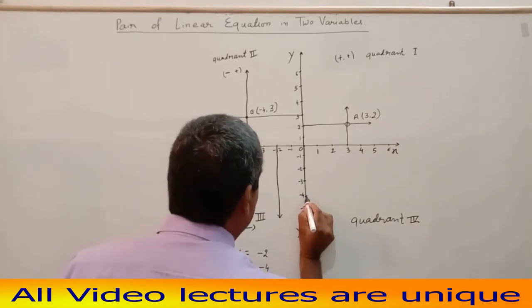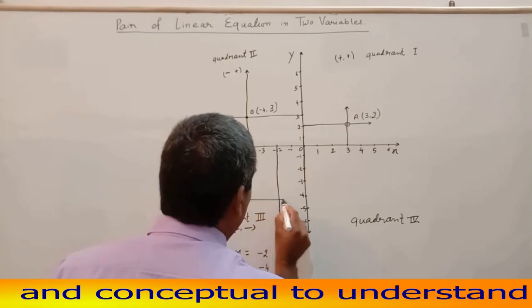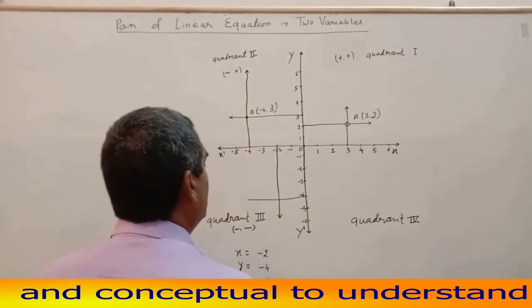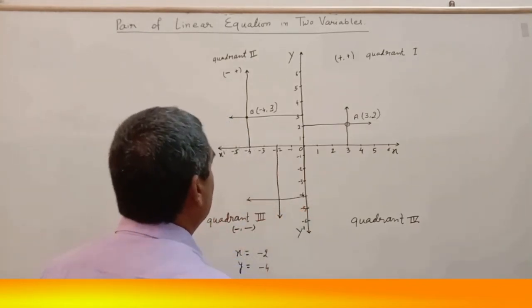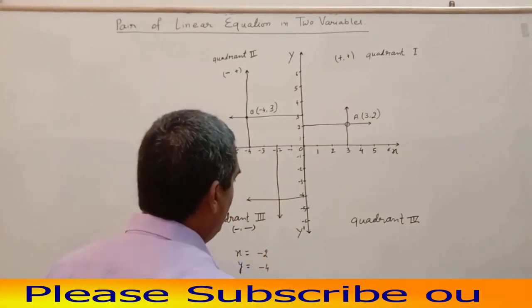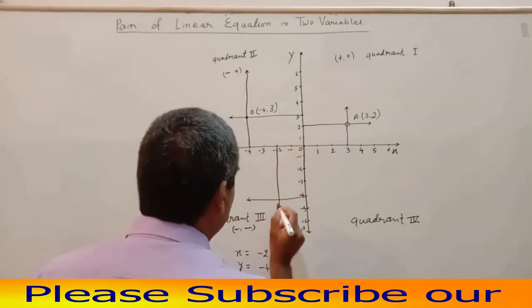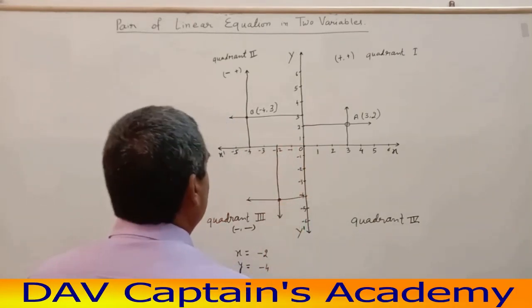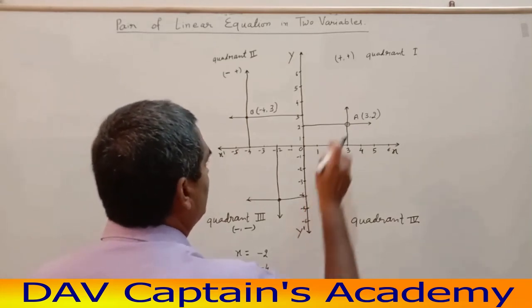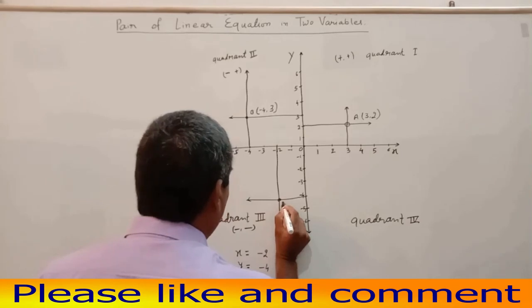From this point, a parallel line is also drawn to the x-axis. When both the axes intersect each other, this is a certain point. Suppose that this coordinate is C.